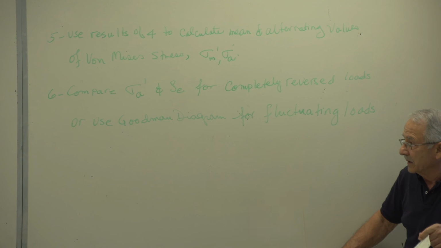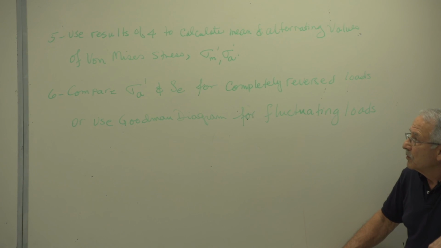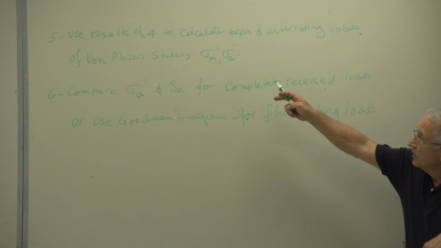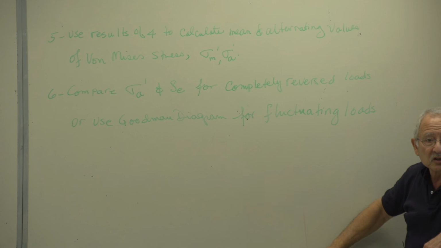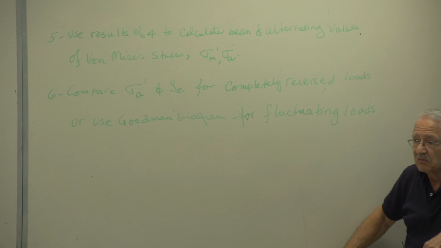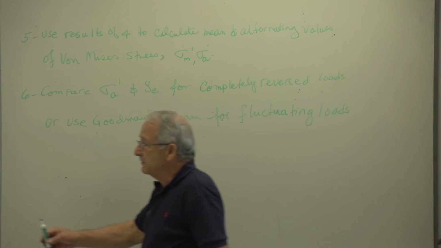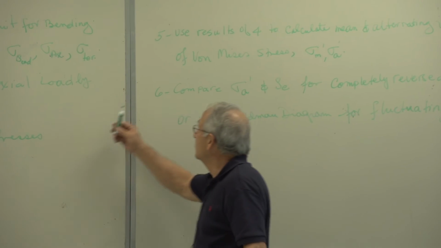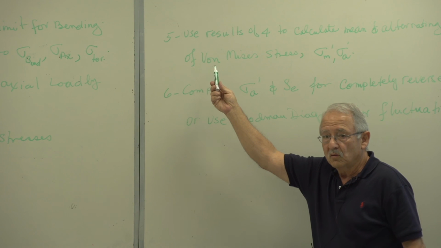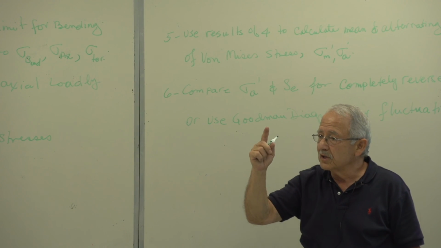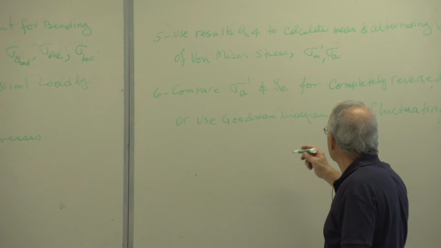You can combine steps 4 and 5 and not find principal stresses. So long as you can find the von Mises mean and alternating stress, that's okay. That's all you need. And remember, you don't always have to have principal stresses to find von Mises. You may use that equation that is for one normal stress and one shear stress. Remember this equation?